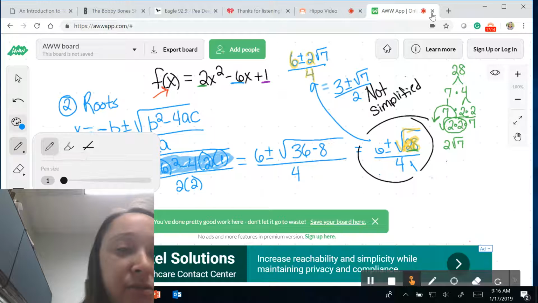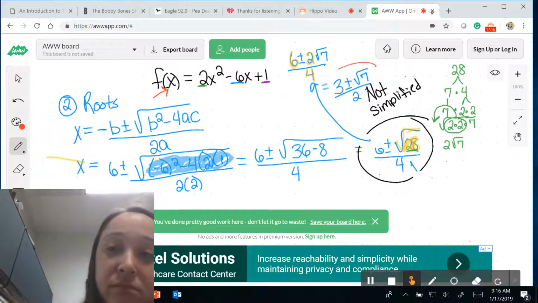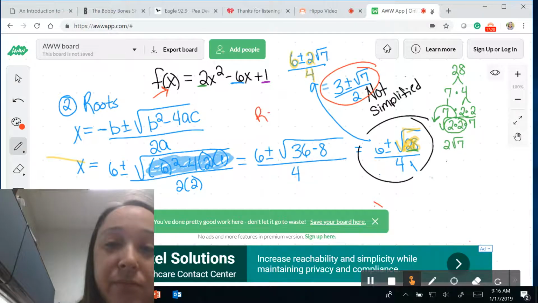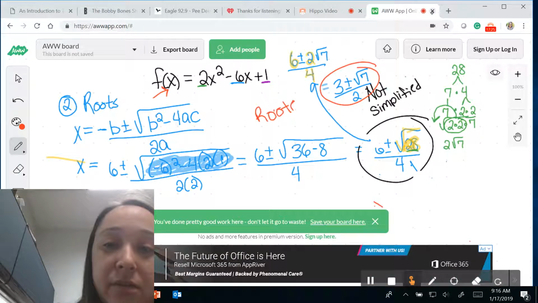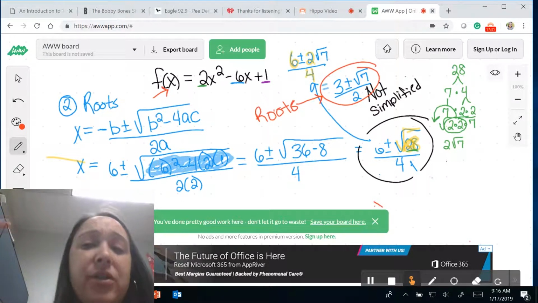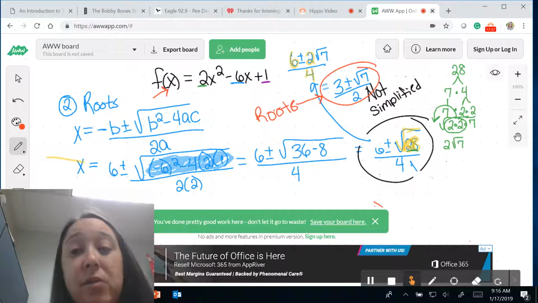And those are the roots. I have 2 roots. Now keep that in mind. One root is 3 plus the square root of 7 divided by 2, and my other root is 3 minus the square root of 7 divided by 2.